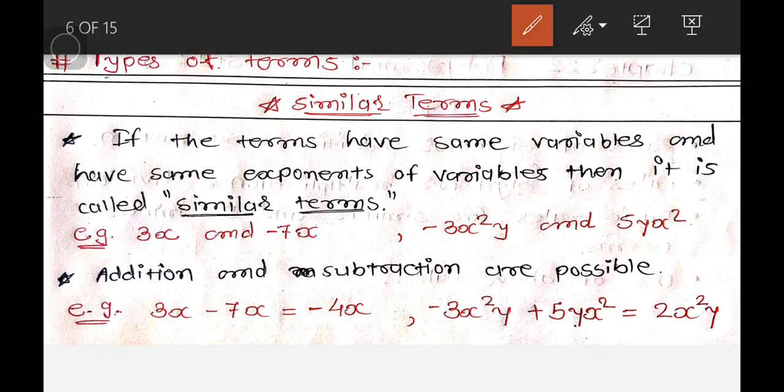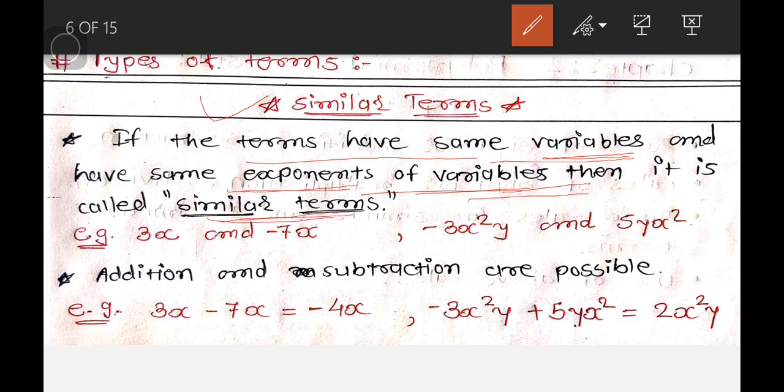Now, in polynomials there are two types of terms. The first one is similar terms. So how can we say that the given terms are similar terms? If the terms have the same variable and the same exponent of the variable, then they are called similar terms.